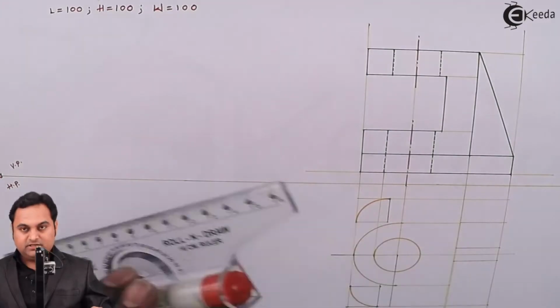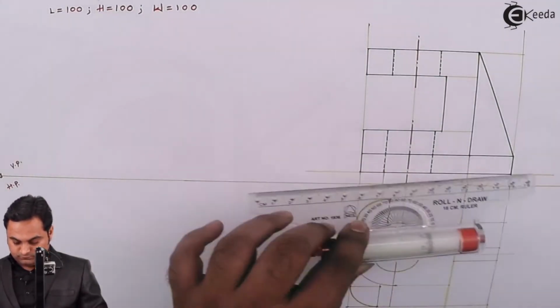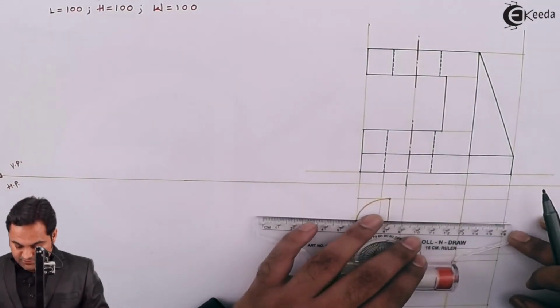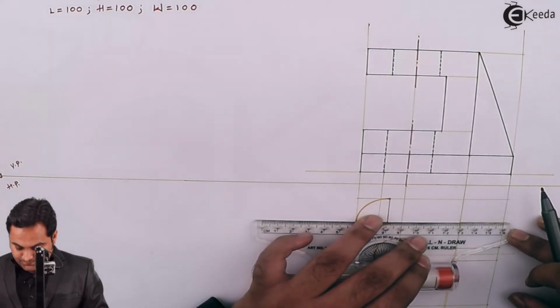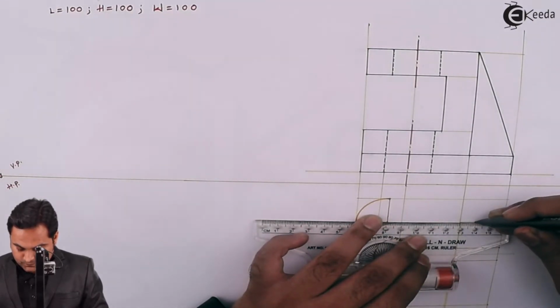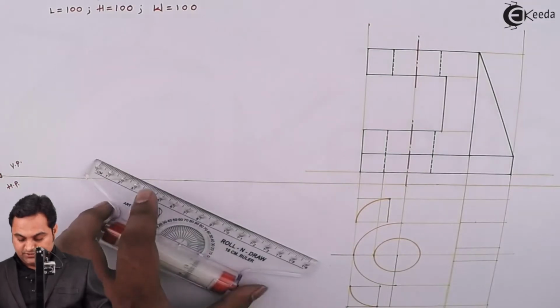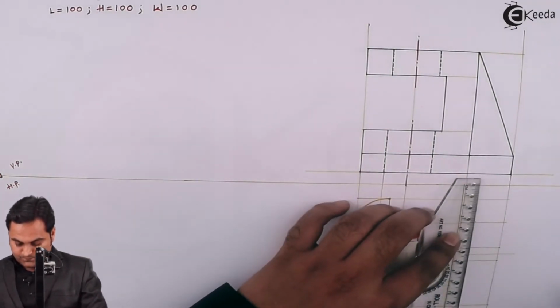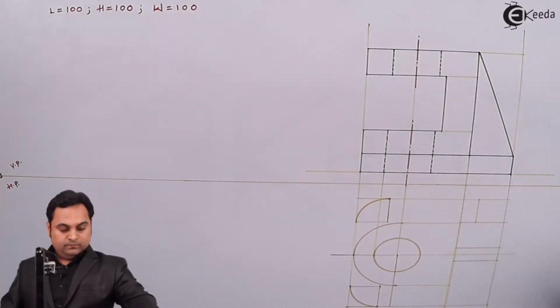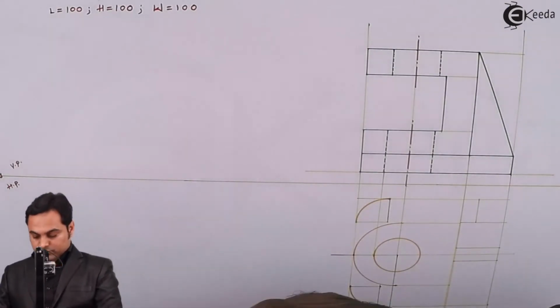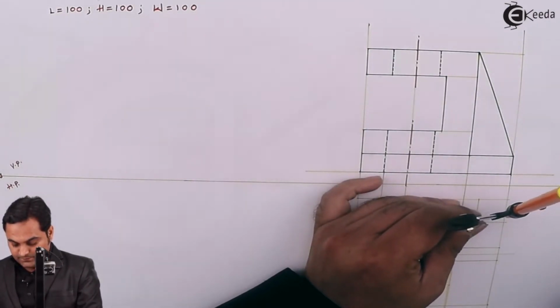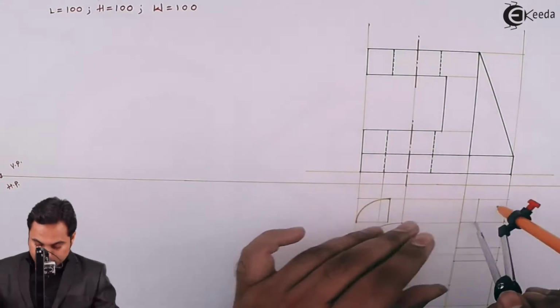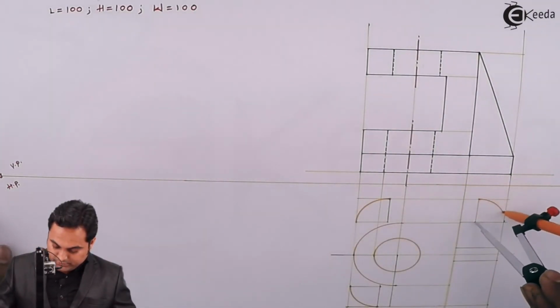So here we have a light line. Over this I'll measure a distance of 20 mm. This gives me the center. So keeping this as the center, I'll draw a light arc.